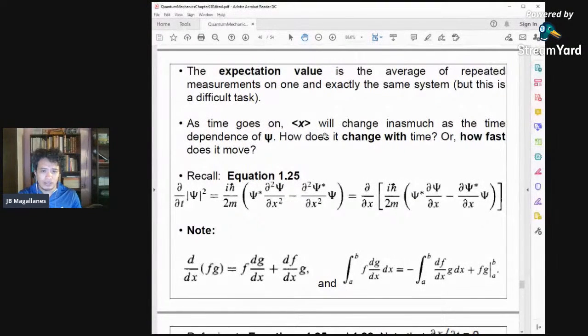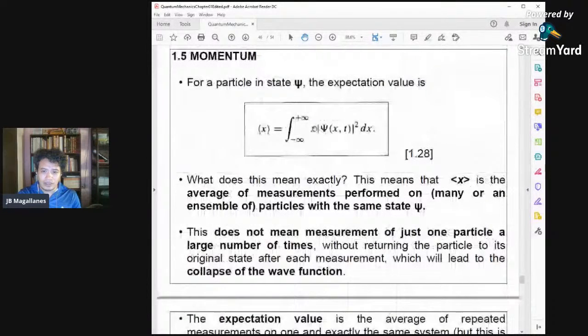As time goes on, the expectation value of x will change. It will change because of the dependence of psi on time. This is dependent on time. So the expectation value, the bracketed x, will also change because this one is dependent on time.